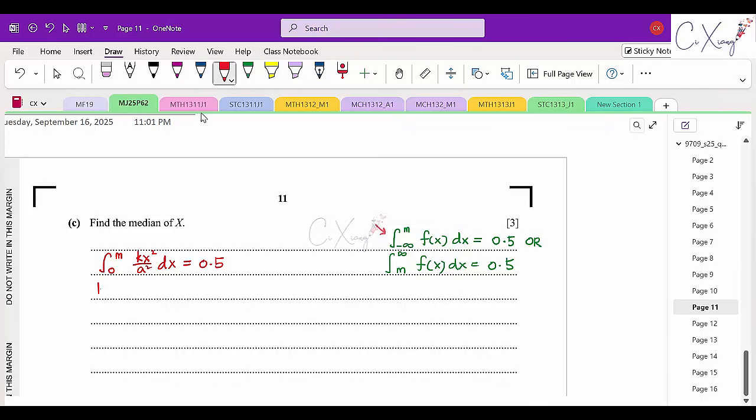Again, I will take out the k and the 1 over a squared, and I only want to focus on the integration of x squared. But before that, since I already know the value of a, I substitute the value of a first. k is 3 over a. 1 over a squared is 1 over a squared.